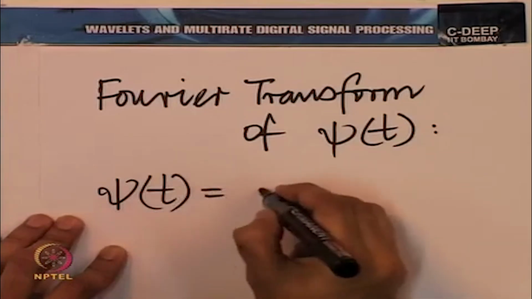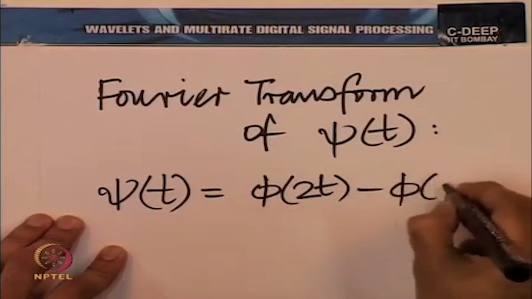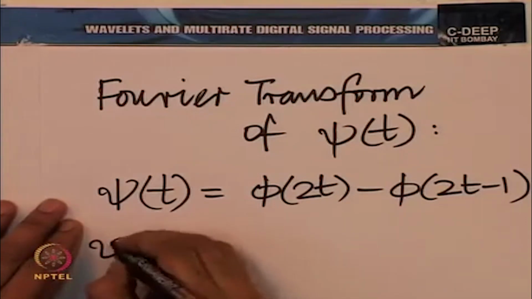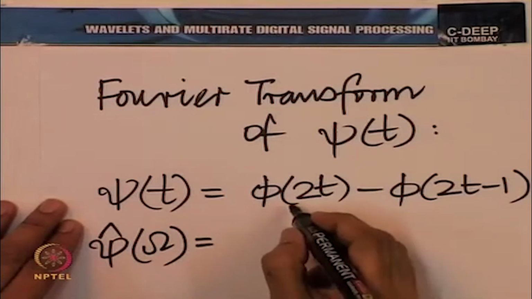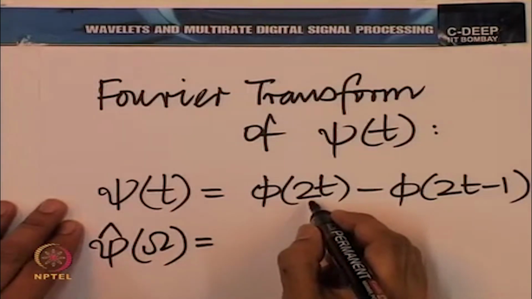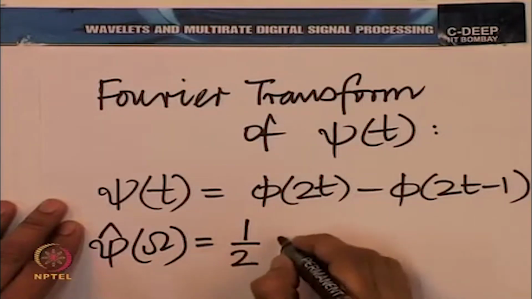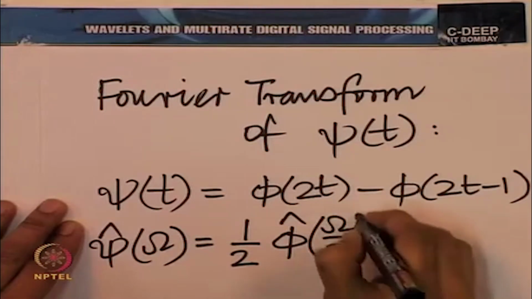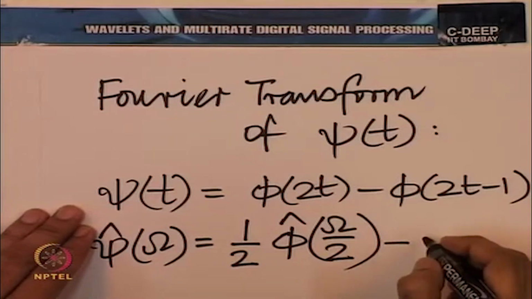Psi t, as you know, is phi of 2 t minus phi of 2 t minus 1, and you can easily find its Fourier transform. Psi cap omega is therefore going to be equal to, well, when you multiply by 2 here, you would be dividing by 2 in the other domain, and of course, here you need to take care of the minus 1.